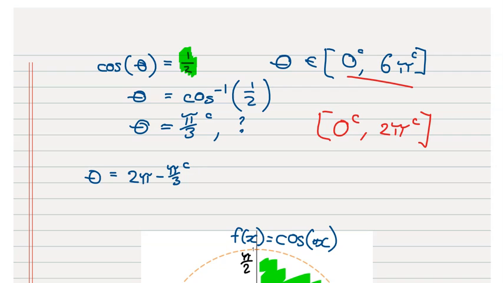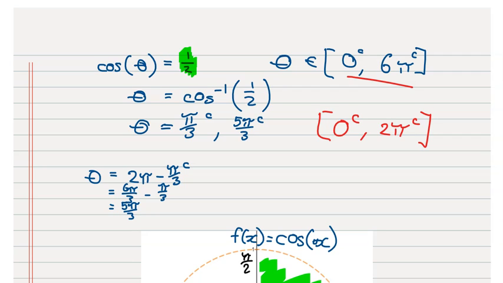And giving them a common denominator, we're going to get 6 pi over 3 minus pi over 3, and that will equal 5 pi over 3. So our second solution to this particular problem is going to be 5 pi over 3.